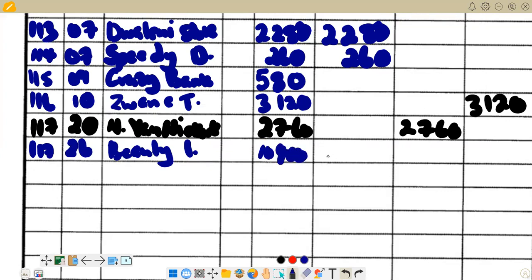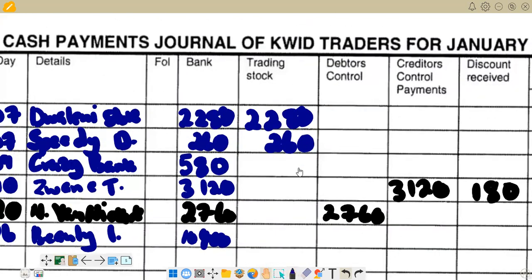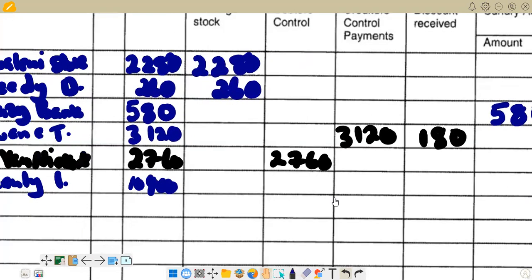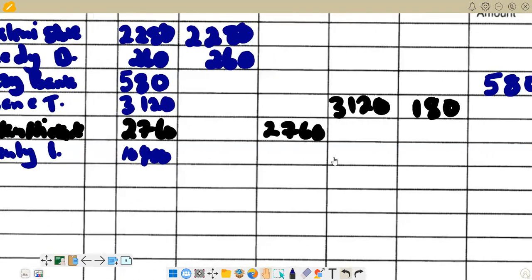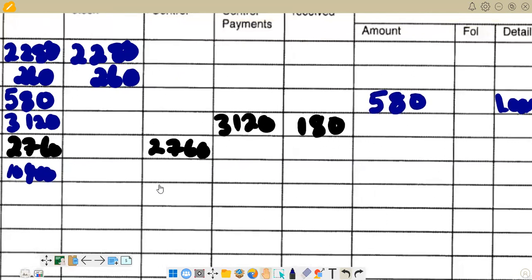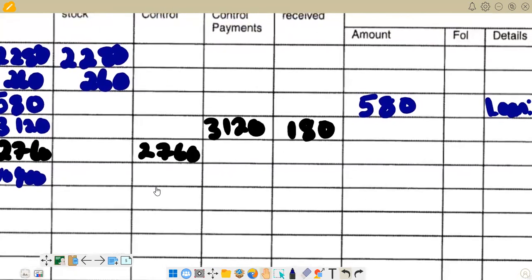The amount is 10,400. And remember, we said these are drawings, and we don't have a column for drawings. If you check up there, you see that after bank, we've got trade stock, debtors control, creditors control, payments. There's no column for drawings there. So if we have such a scenario where the account is not here, we go to the sundry account column and put it there. This is the row that we have for that one.